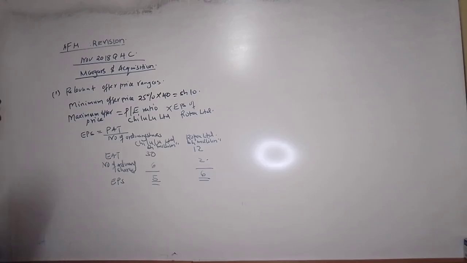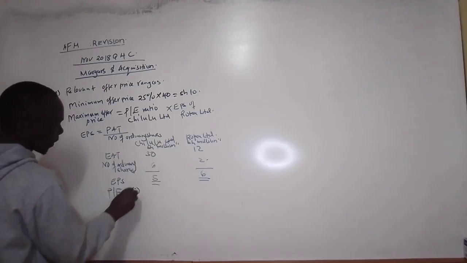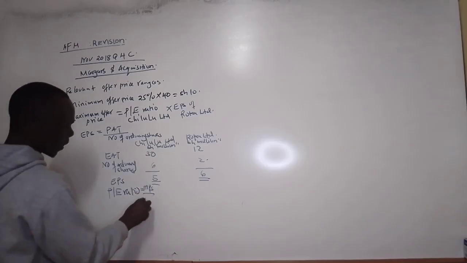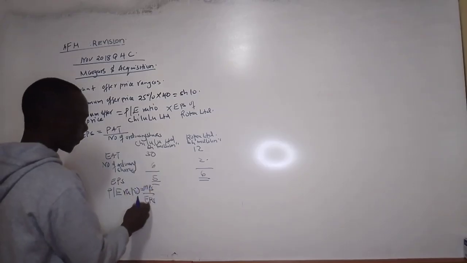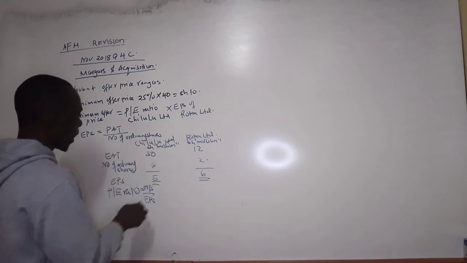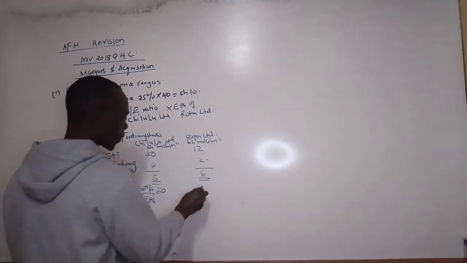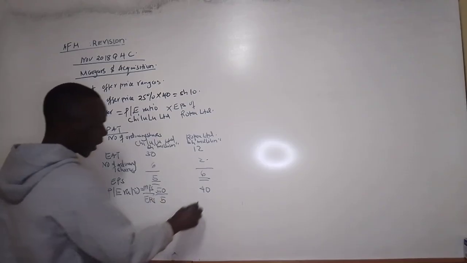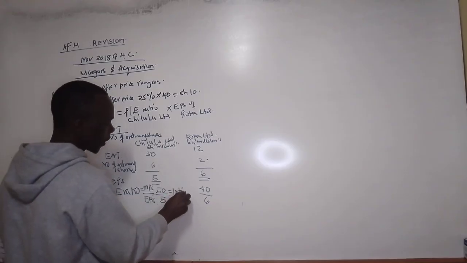Once we get the earnings per share, we can also get our PE ratio, the price earning ratio. Price earning ratio, remember, is given by the MPS divided by the EPS. We have the EPS and also the MPS from the question. You are told that the MPS for Chiruru is 50 and for Roka is 40. So for us to get the PE ratio, here you divide by 5 and here you divide by 6. Here you will get around 10 times.